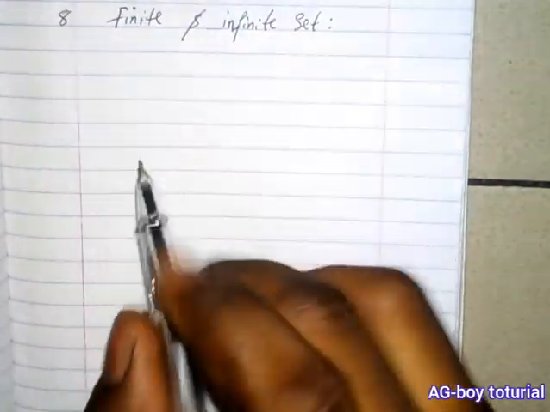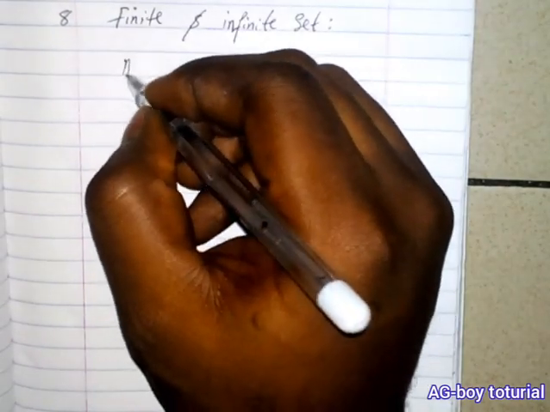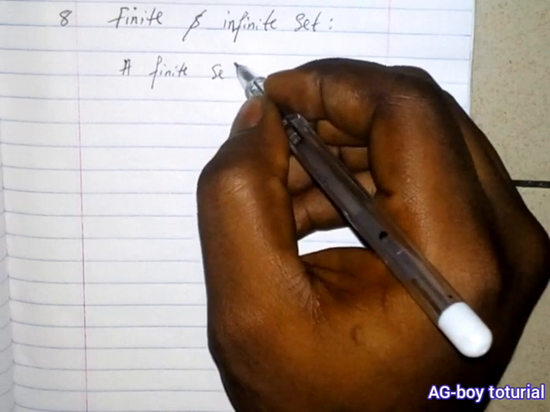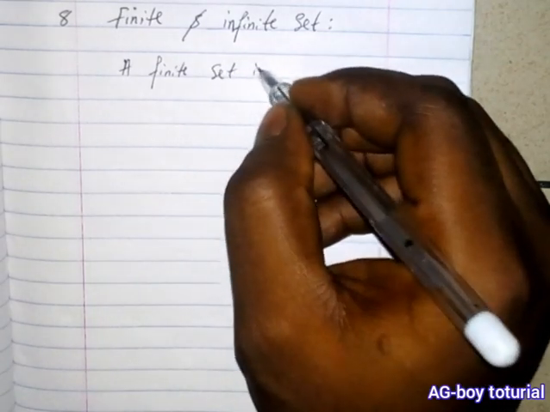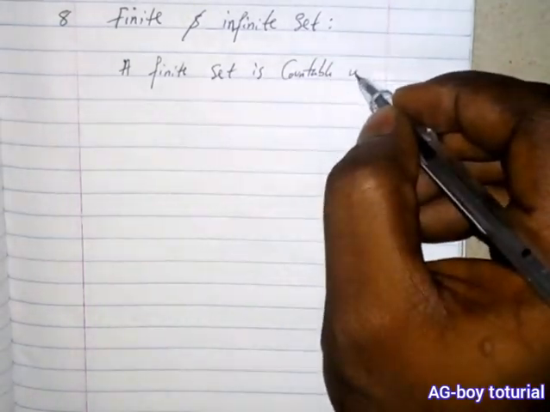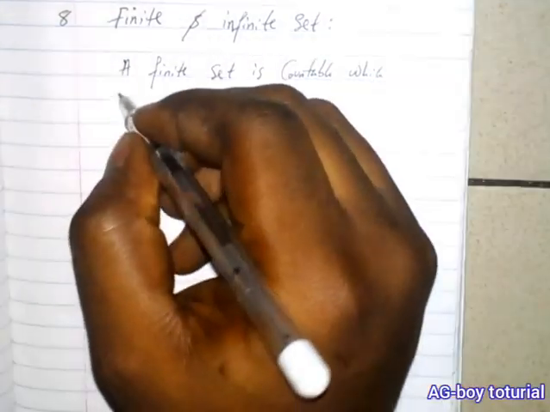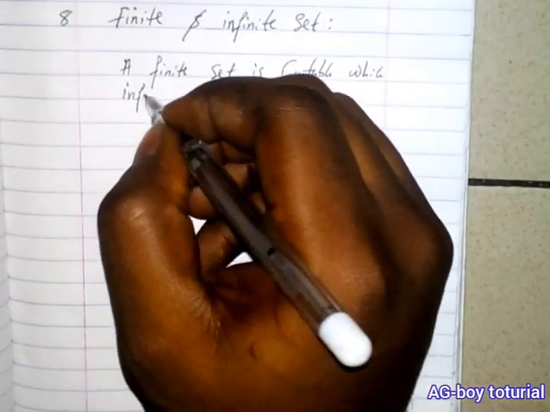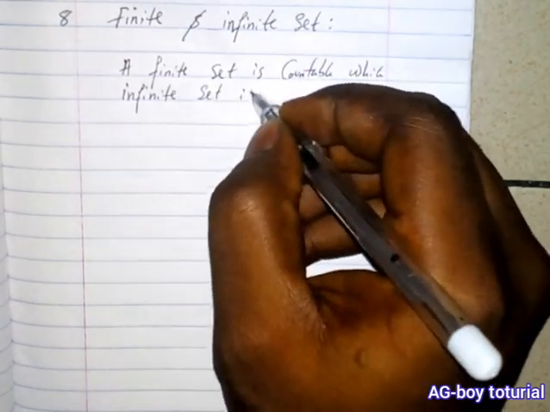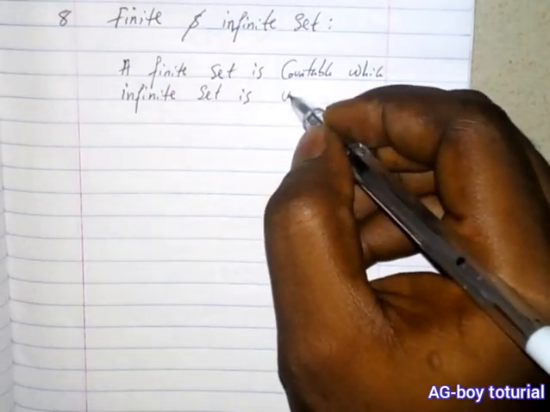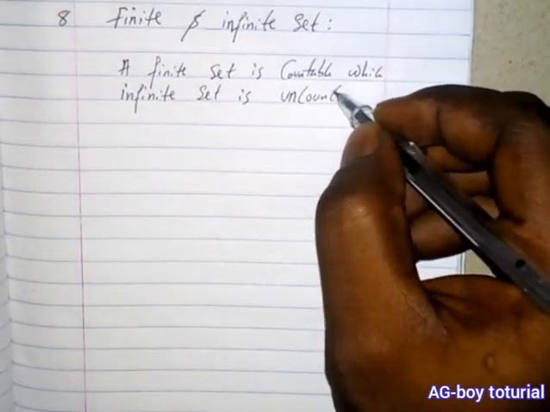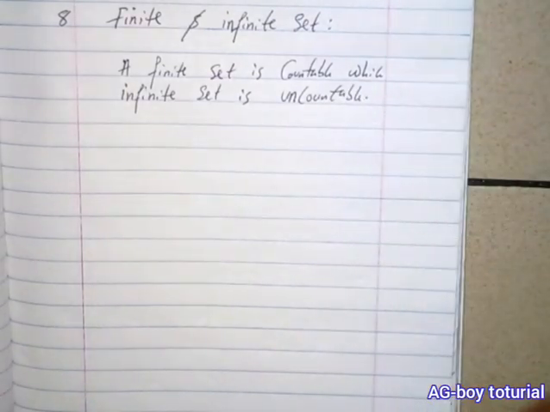A finite set is countable, while an infinite set is uncountable, cannot be counted.